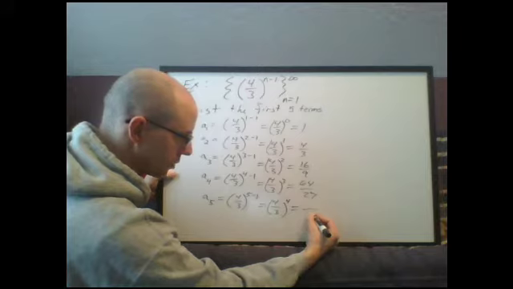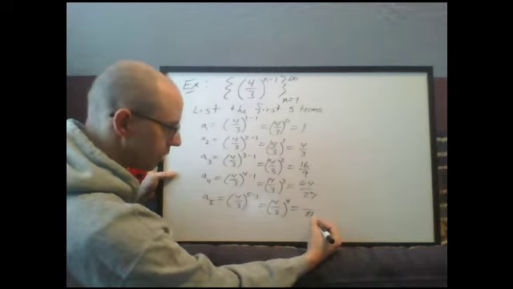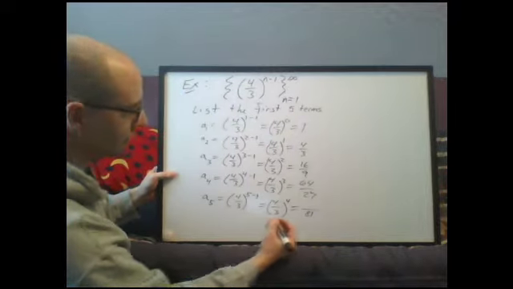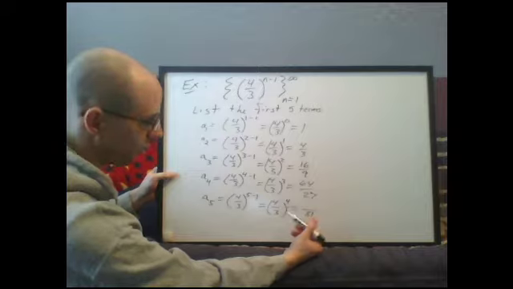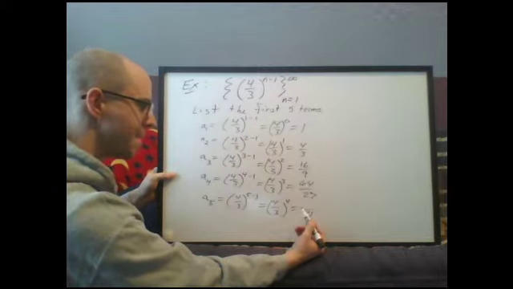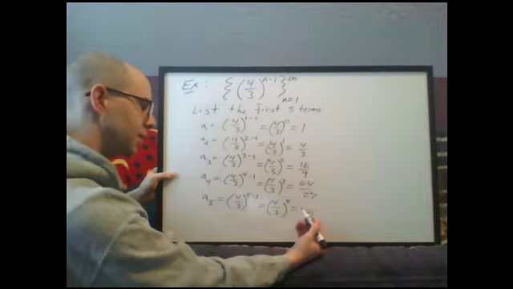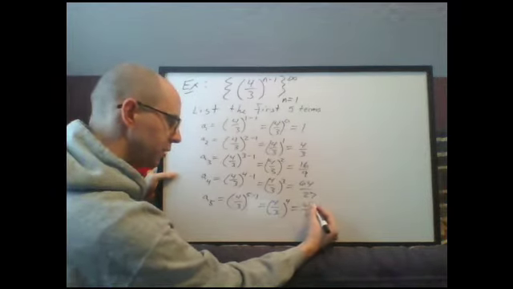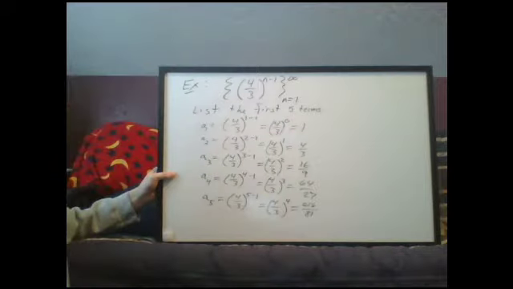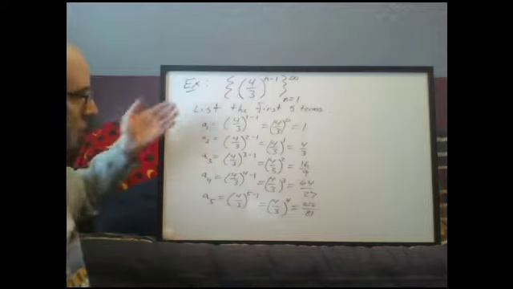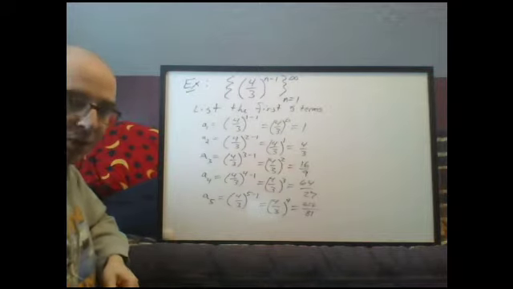So 3 to the 4th is 81. 4 to the 4th would be 16 times 16. So 4 times 64. I'll have to edit this out here. 240 plus 16 is 256. I knew that. Okay, so it goes on forever, but these are the first 5 terms of this particular sequence.